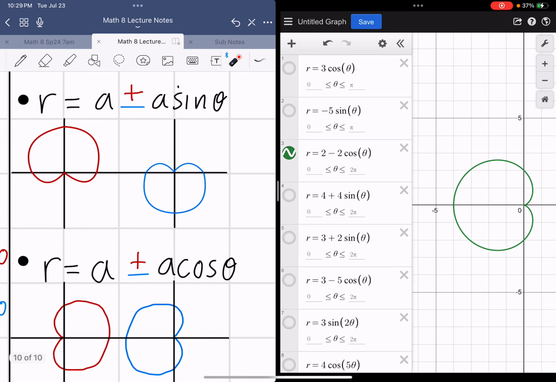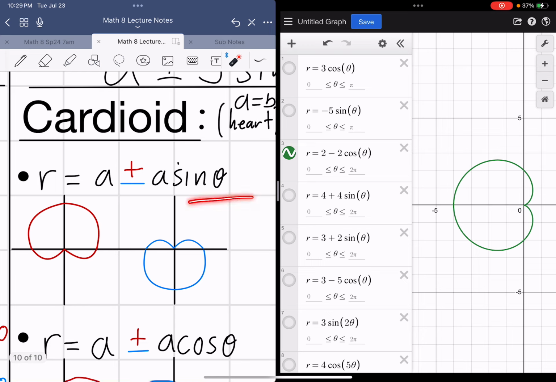And then here's a second example down here, where now we're dealing with sine. Now, if you notice, again, that constant term and that coefficient are equal. Hence, we're going to have a cardioid that either points up or down. And since it's positive, I know it's going to point up.